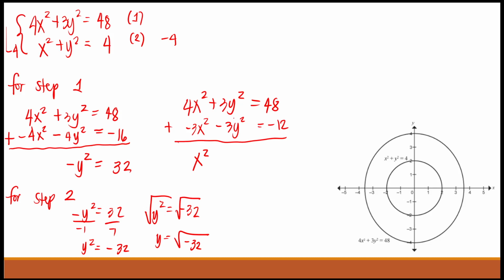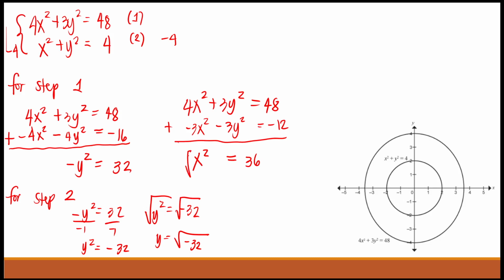Cancel na yung positive 3y squared minus 3y squared kasi 0. And then we get 48 plus negative 12 is positive 36. Oh, sir, meron naman tayong na-solve. Yes, okay. Meron tayong na-solve na value na x.